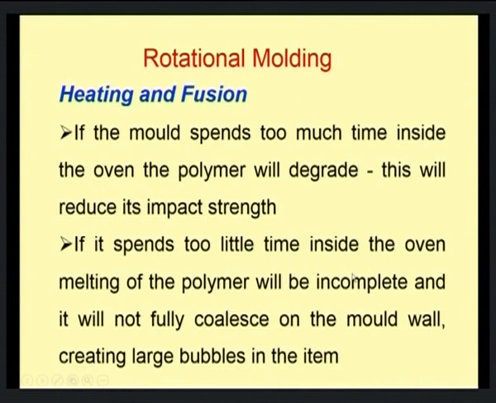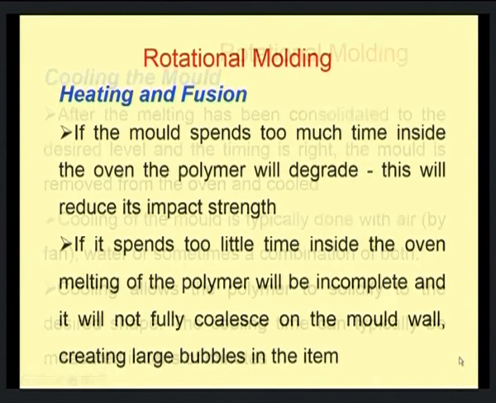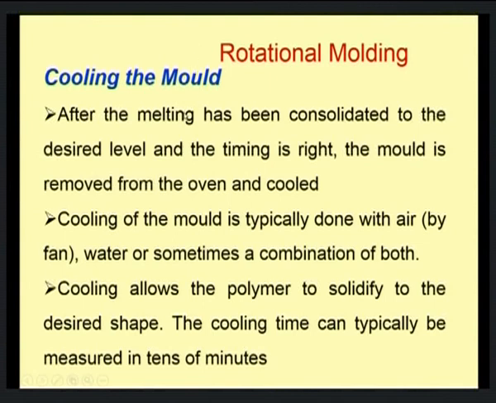So, therefore, there will not be uniform melting of the polymer. As a result, there will not be complete coalescence of this polymer on the mold wall, thereby creating bubbles in the item. Therefore, a large number of bubbles would be embedded in the product, which is going to decrease its impact strength. So, therefore, the molding time is critical.